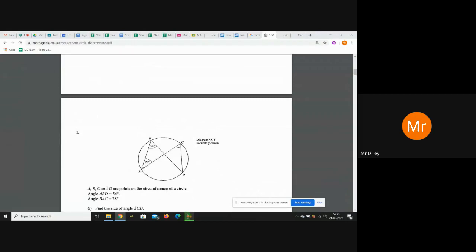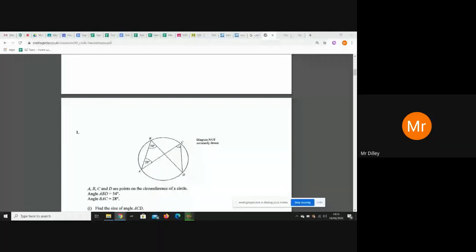In fact, if you draw a line across from A to D, the angles at B and C at the top are angles in the same segment, where AD is the chord and the segment runs round the top from A to D. So the angle ACD, which is the angle at C, the middle letter, is 54. The reason being angles in the same segment are equal.